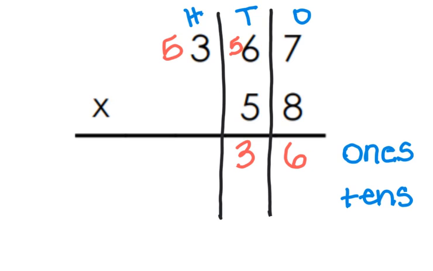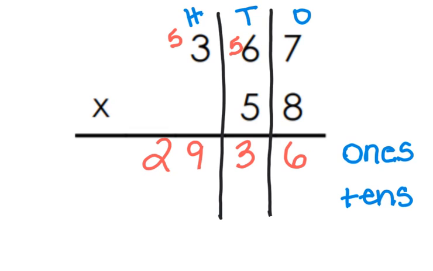Regroup my 5. So 3 times 8 is 24, and 5 more is 29. So once I get to the end and there's not another number to multiply, I write my whole answer down.